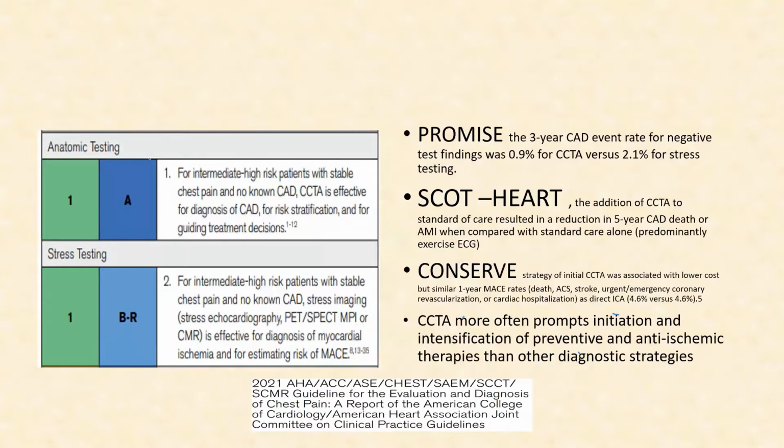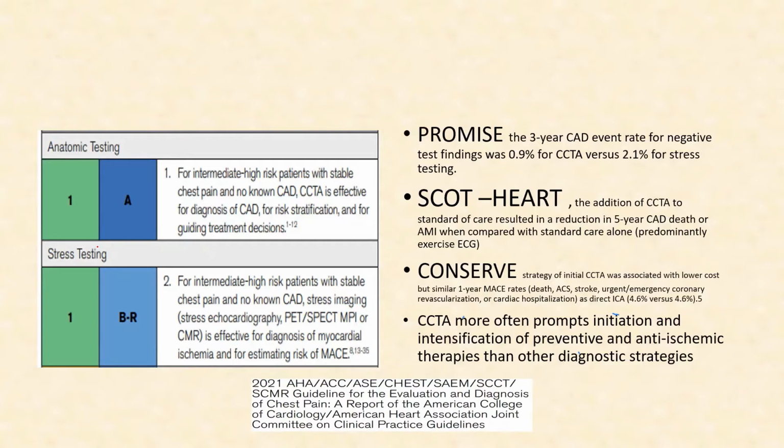Let me read you this. Anatomic test, stress test. This has been a controversy over the last years, which to choose, because now we have 5 non-invasive tests. We have exercise ECG, SPECT, PET, stress echo, cardiac CT, and probably stress MR is in the pipeline.